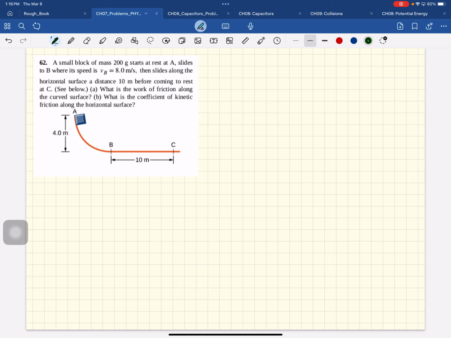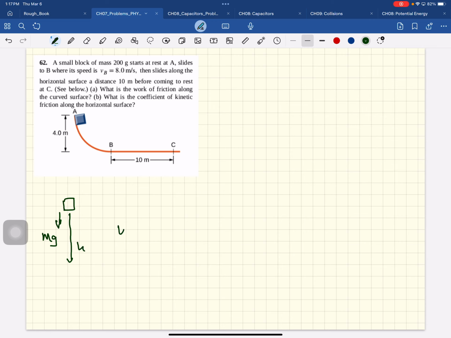Now, we will actually prove this next chapter. The work done by gravity on an object: let's say an object falls like this, with weight mg, through a height h.